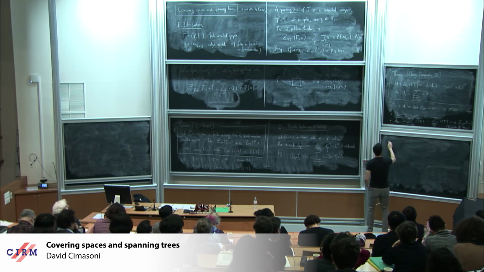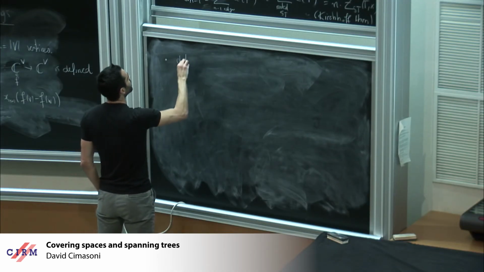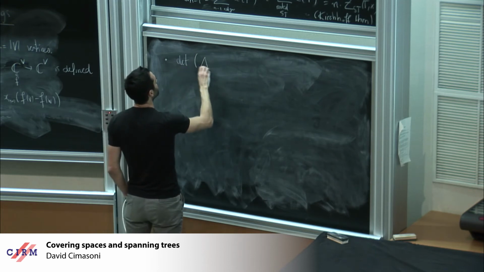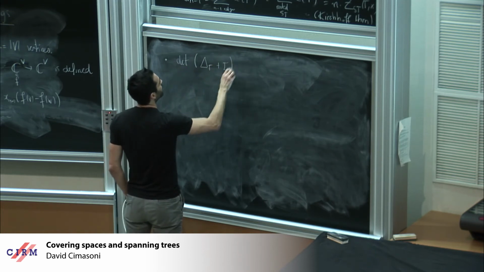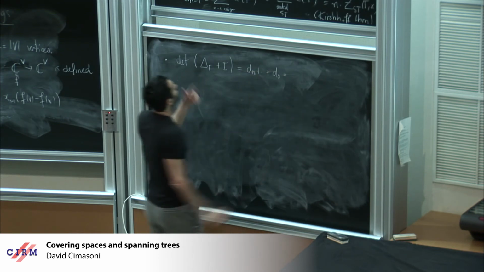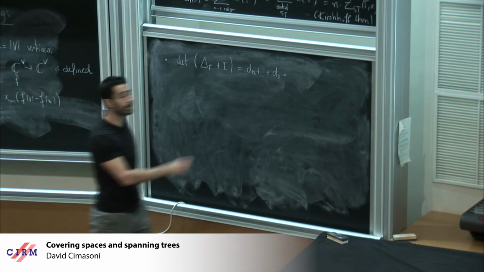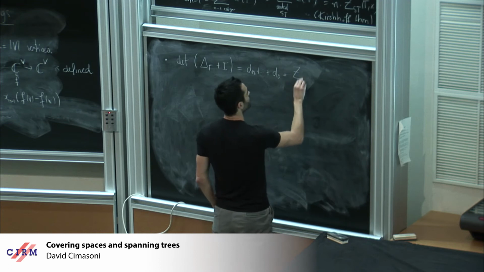Okay, and maybe one more remark that we'll use. Now, if you look at the determinant, if you set t equal 1 in this equality, what do you get? You get dn plus d0. That's the sum over all rooted spanning forests. So that's exactly the partition function for rooted spanning forests.